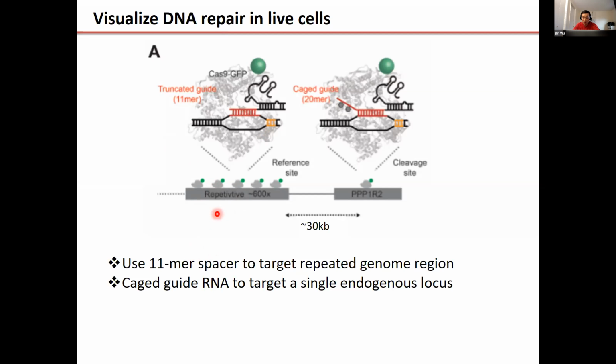We also use a single guide RNA targeting the gene PPP1R2 that's very close to the repeated region. Because of this proximity in the genome, we can approximate the spatial location of these cutting sites as visualized by the repeated locus.